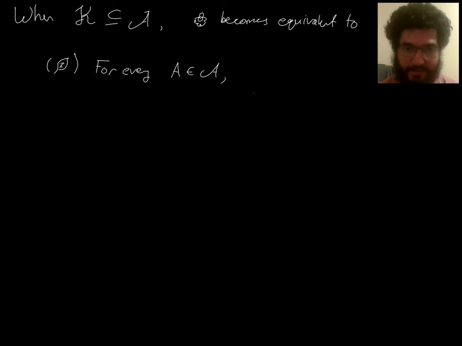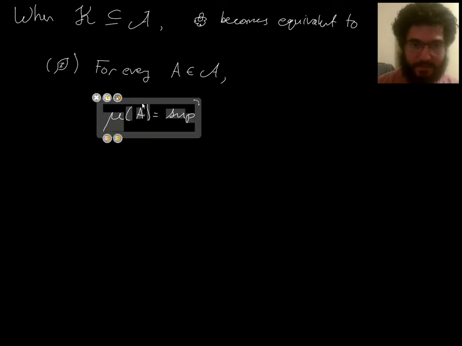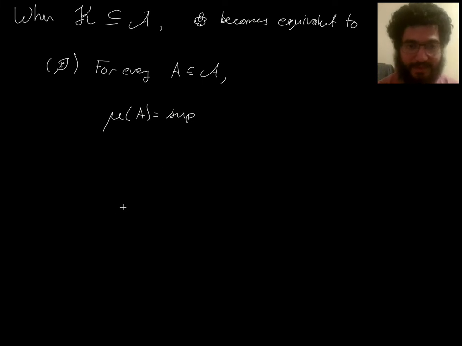Just for every set A in our algebra of sets, mu of that set is just the supremum, the biggest, of these mu of k's, where the supremum is taken over the k's inside A that are in the approximating class.